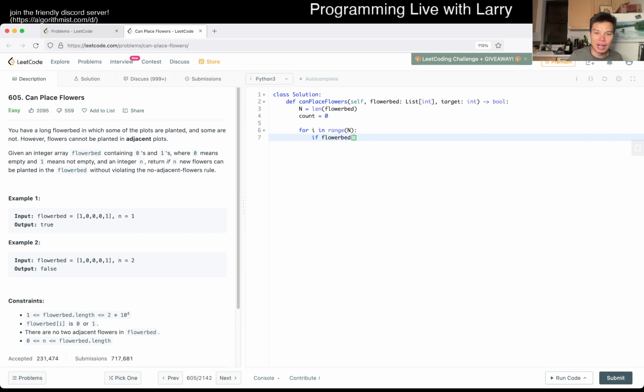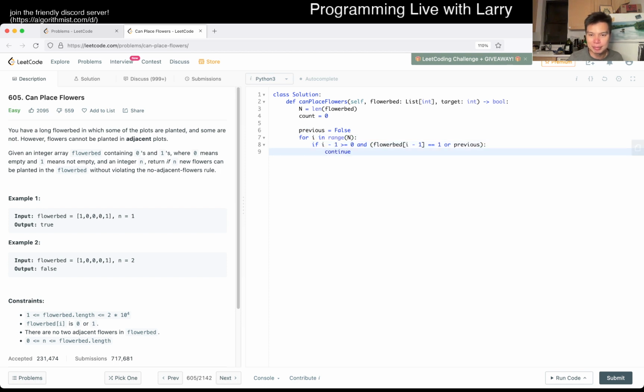So if flower bed of i minus 1, and of course you have to check bounds, is equal to 1, then this is no good. Previous being a variable that we keep, previous is equal to true, say. Then we continue.